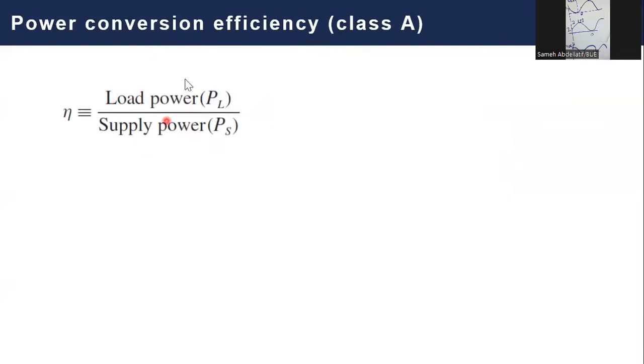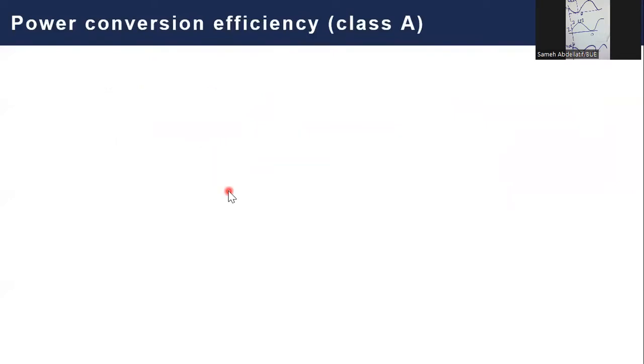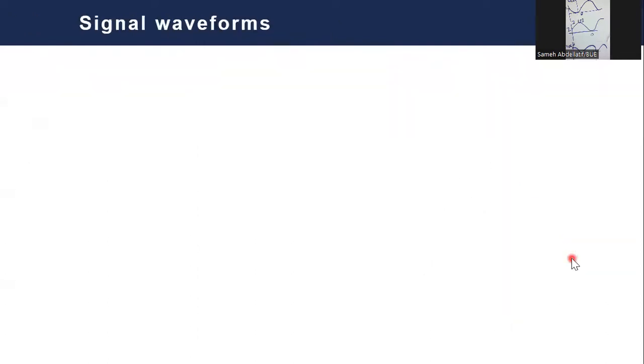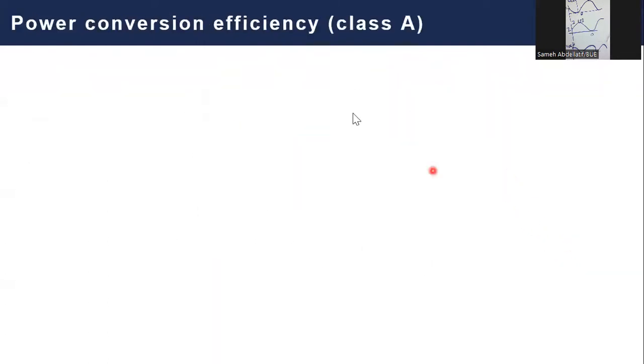Just take care, my dear students, that the power consumed is a DC power, which is simply the power consumed by these two batteries, VCC and negative VCC. This negative VCC consumes I, and this VCC consumes I, so simply it's 2 VCC I. However, the power reaching the load is an AC power. That's why we are going to calculate it like that.